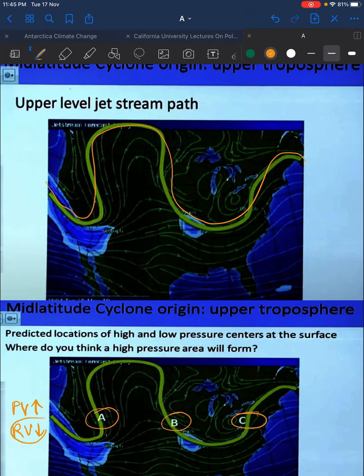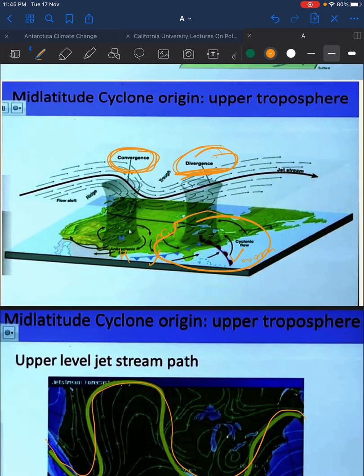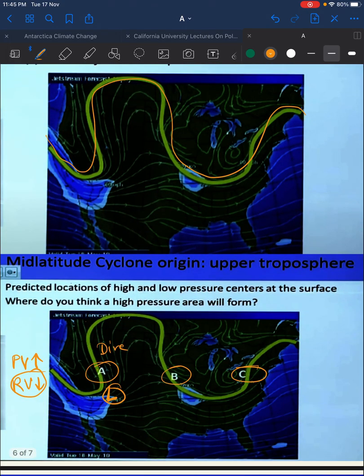Now if relative vorticity is decreasing over here, that simply means there is a divergence. We are unfolding our hands, so relative vorticity is decreasing, meaning there is divergence, and whenever there is divergence, what will happen on the earth surface? Low pressure. If divergence is happening at this height, that means on the earth surface there is a low pressure. See, divergence is associated with low pressure on the earth surface.